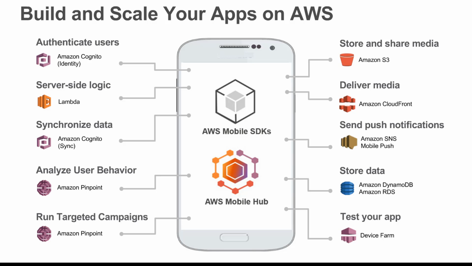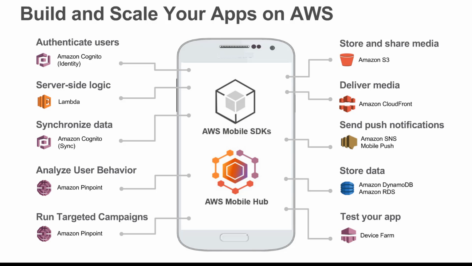Another portion of Cognito I won't touch on much today is Cognito Sync there on the middle left. Cognito Sync allows you to synchronize user preferences and maybe progress in a game or an app so that a user can pick up and continue when they move from one phone to another, from one device to another. On the bottom left, we've got Amazon Pinpoint. Pinpoint allows you to analyze your user behavior and also to run targeted campaigns to reach those users.